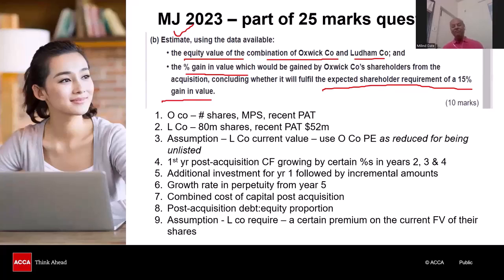Then I will determine the combined value of equity by using the debt and equity proportion. Many students make a mistake here. If you make use of free cash flows to firm, please use the weighted average cost of capital. If you're using free cash flows to equity, please use the cost of equity as a discount factor.